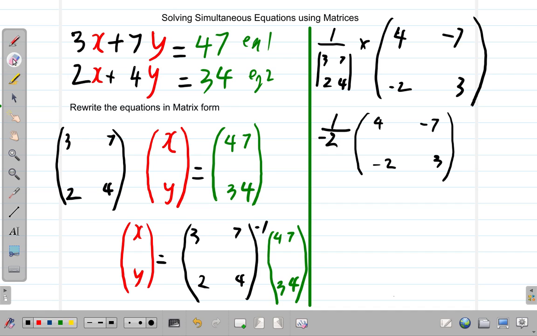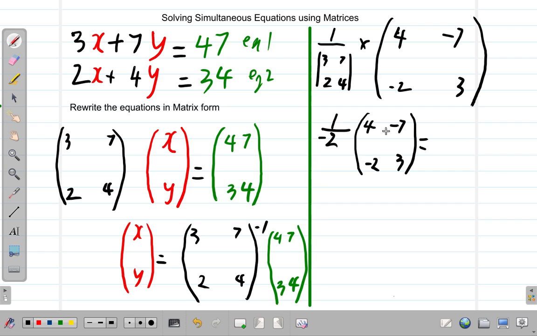Let's put these numbers a little closer since we are fighting so much for space, and use the space over here. So what we have is -½ times 4, -7, -2, 3.